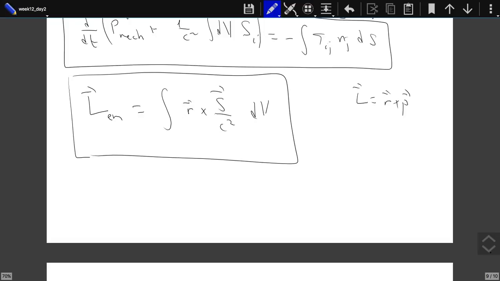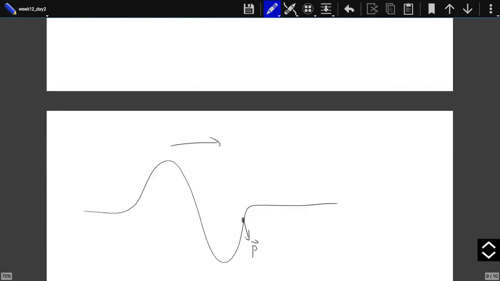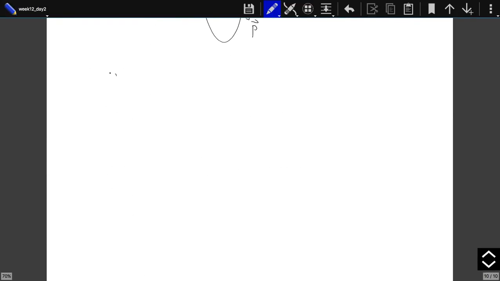Let's look at one case. If they are parallel, again, you don't have any linear momentum, you don't have any angular momentum. They should both exist and they shouldn't be parallel to each other. They don't have to be changing. Not really. You see, the Poynting vector has no time derivative.